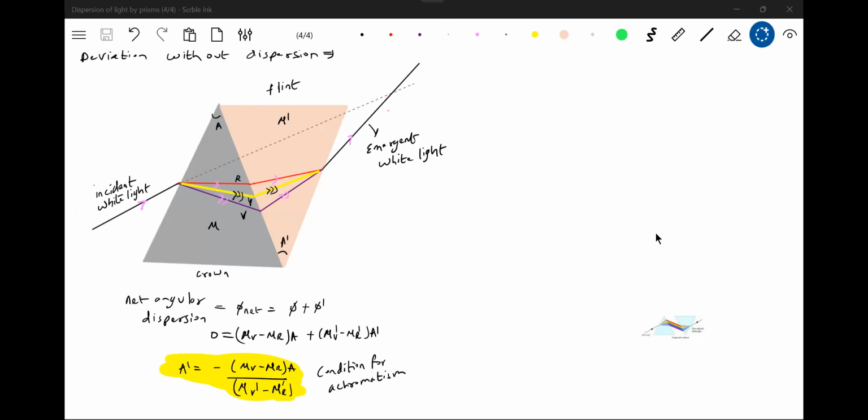Okay, now I'll bring one more condition. How dispersive powers and deviations are related. So from this equation, we know mu v minus mu r.